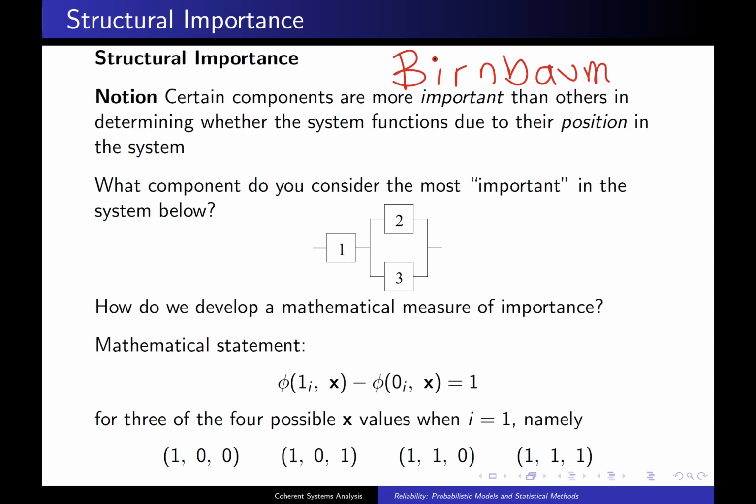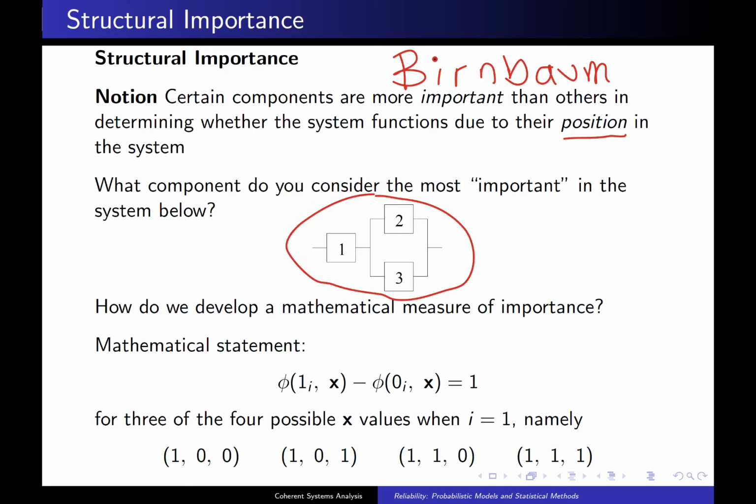I'll underline the word position because later we're going to hit something called reliability importance, and reliability importance takes into account the reliabilities of the components, whereas structural importance only takes into account where they are positioned in the system. So here's a question: what component do you consider the most important component in the system below?